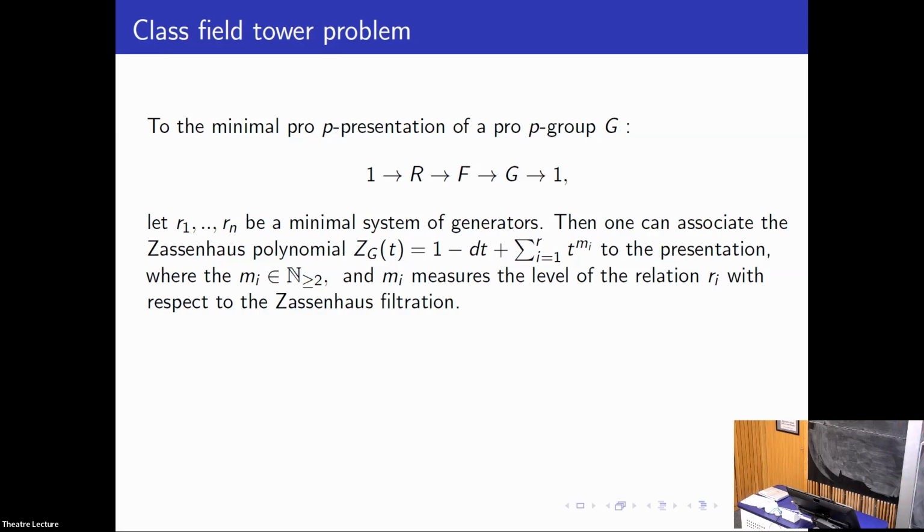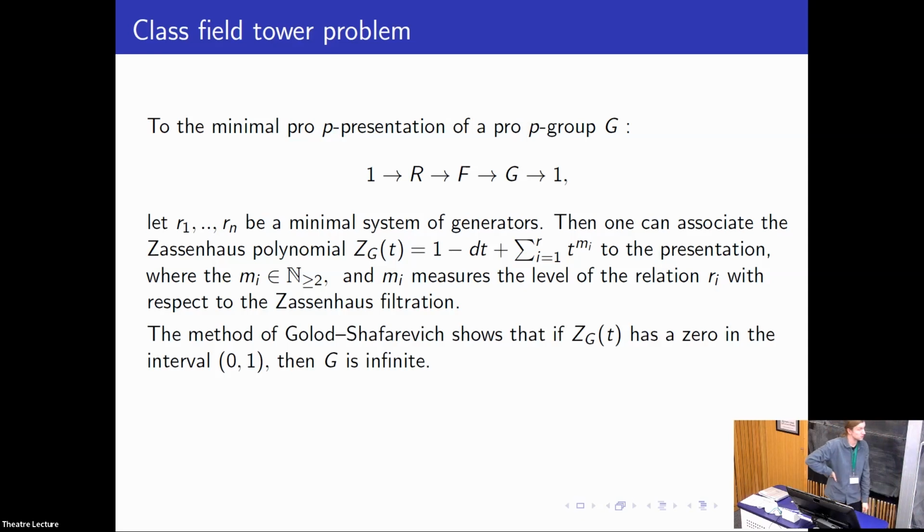And the m_i says exactly what level the relation R_i lies in with respect to the Sassenhaus filtration. Is this clear? Okay.